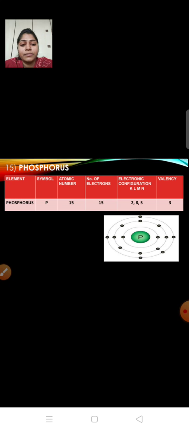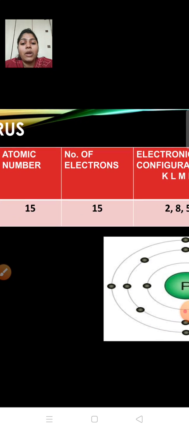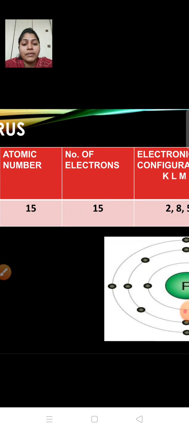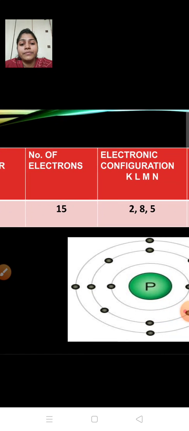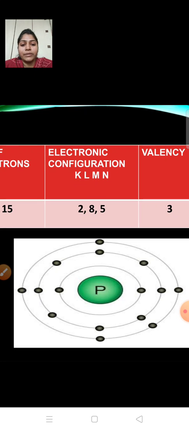Now next is phosphorus. You can see the symbol of phosphorus is P. Atomic number is 15. Number of electrons 15. Electronic configuration 2 electrons in K shell, 8 electrons in L shell and 5 electrons in M shell.